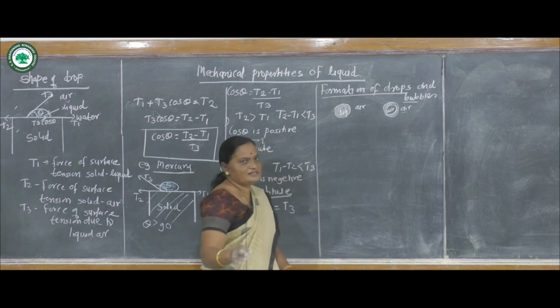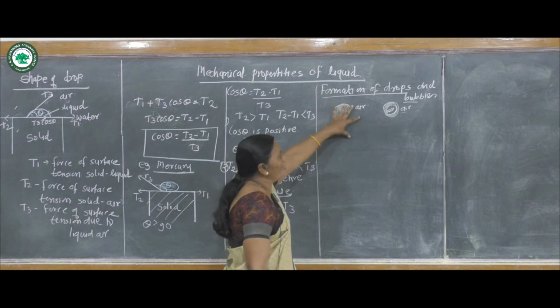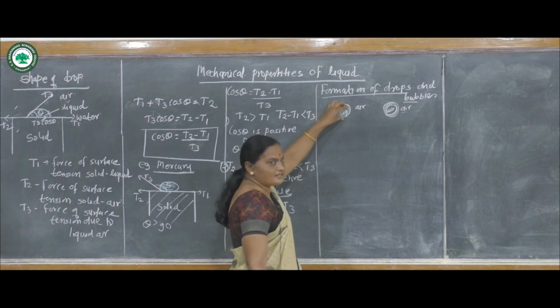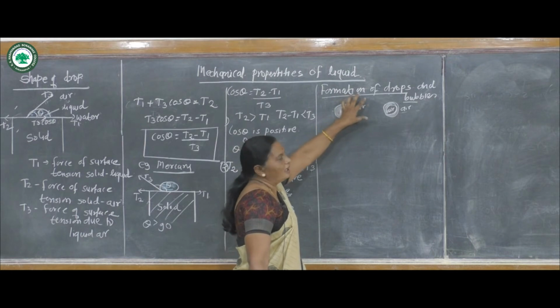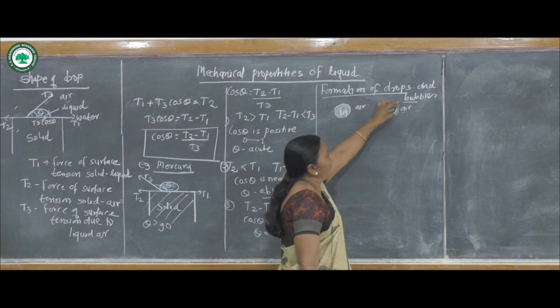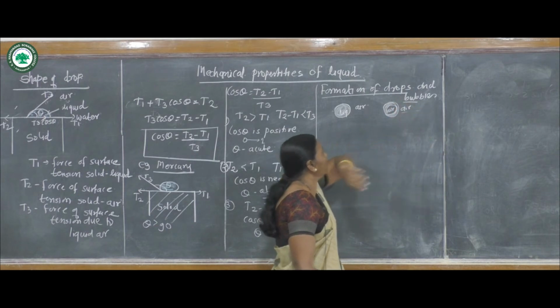That is, soap bubbles have two surfaces. In case of a drop, there is liquid inside and air outside. In a bubble, there is air inside and air outside, and it has two surfaces. This can be seen later.